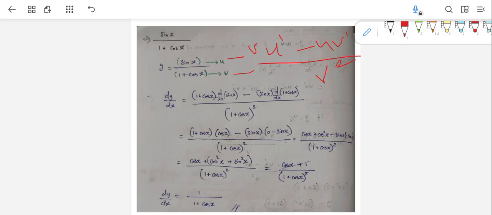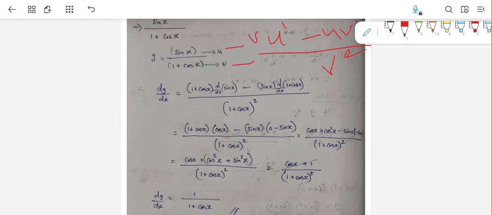So here what is v? 1 plus cos x. So write v as it is, into u dash, u means sin x, so d by dx of sin x, minus, u means sin x as it is, into v dash, the differentiation of v. So d by dx of 1 plus cos x, whole divided by v square.